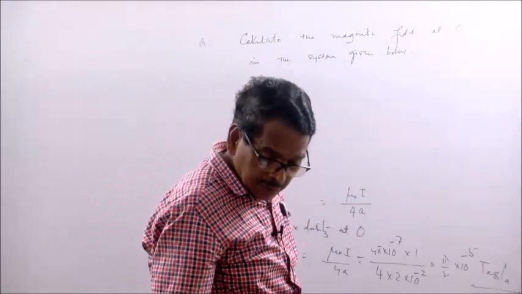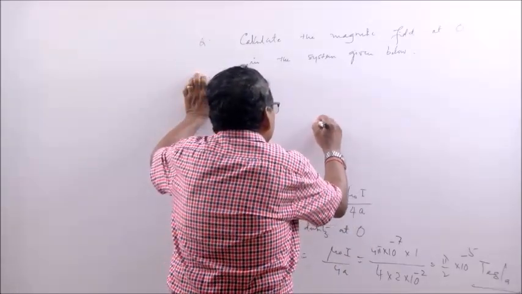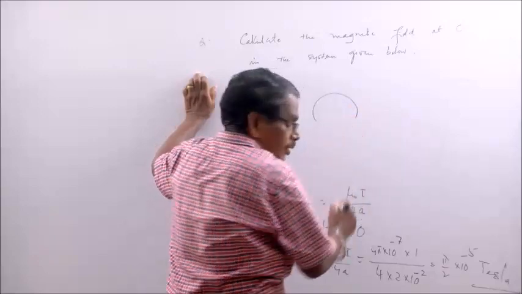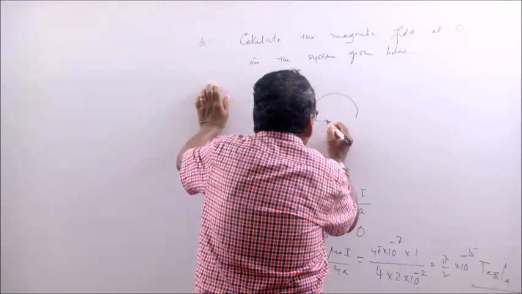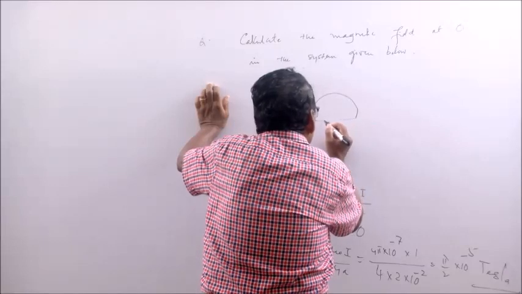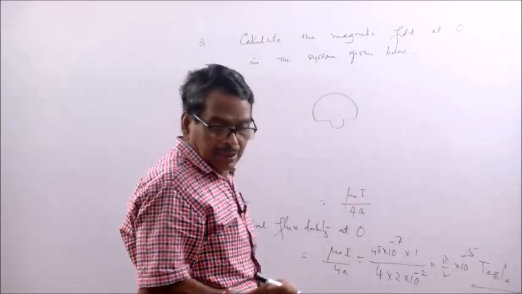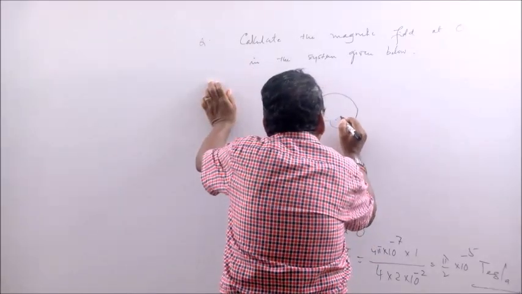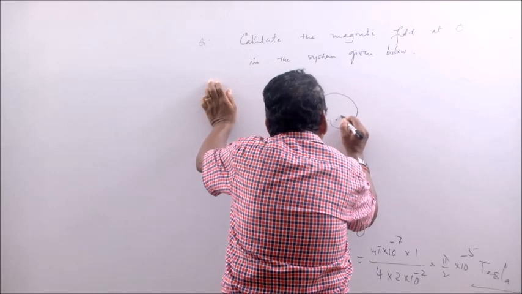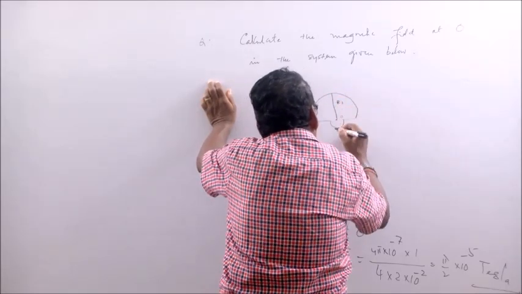What is the system? The system is like this. Here is the point O. This is R1.